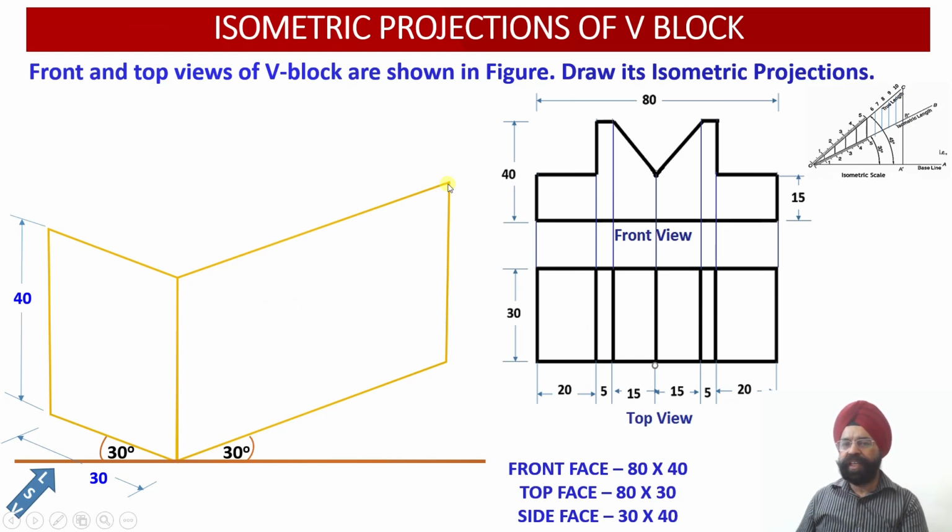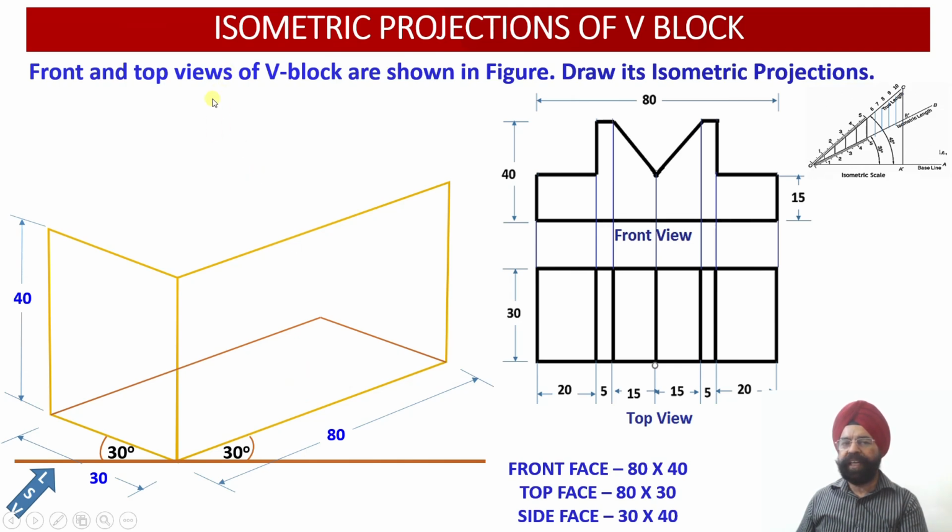So the height of this particular edge will be 40 millimeter. So this is also 40 millimeter, this is also 40 millimeter. This vertical edge is an isometric line drawn parallel to the y-axis over here. So this is 80 millimeter, and this is the front face that we have completed.